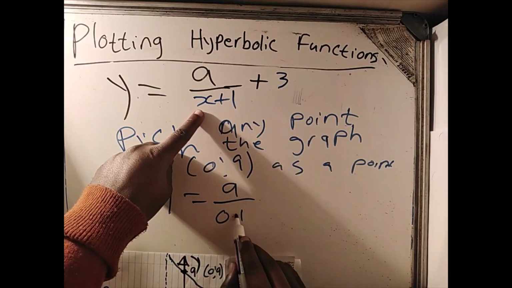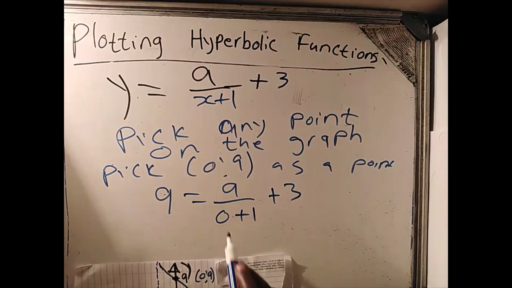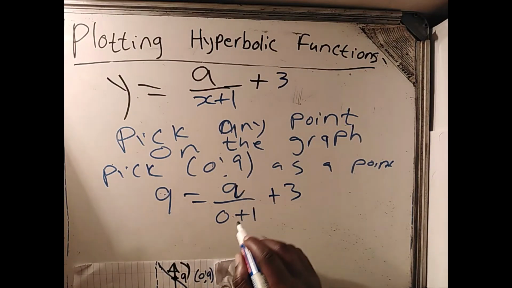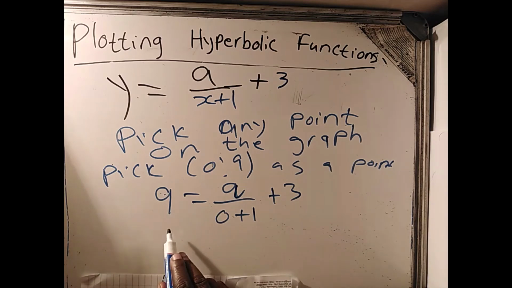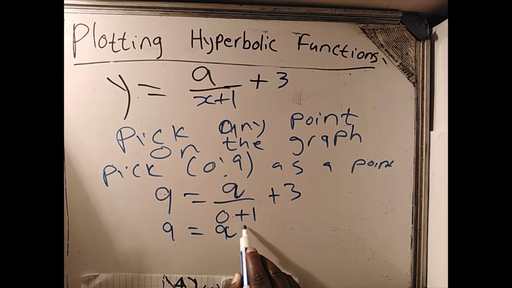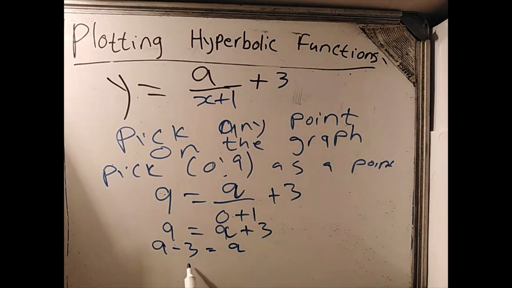Okay, 0 plus 1, and then plus 3. 0 plus 1 is 1. a divided by 1 is a. So you end up with 9 is equal to a plus 3. And then you take this 3 to this side. It's going to be 9 minus 3 is equal to a, and then 9 minus 3, 6, is equal to a.